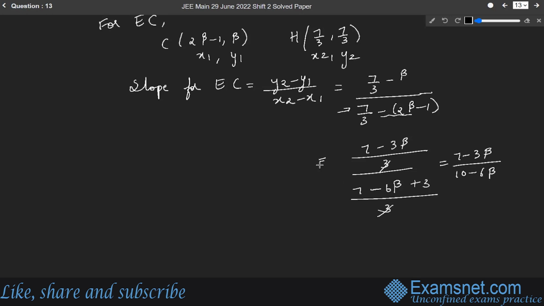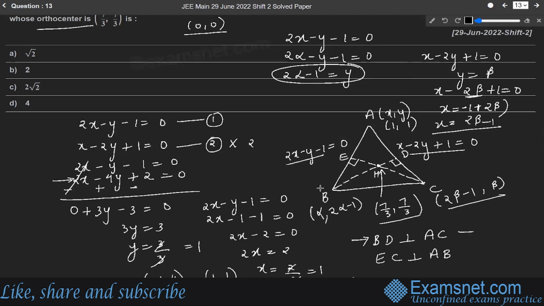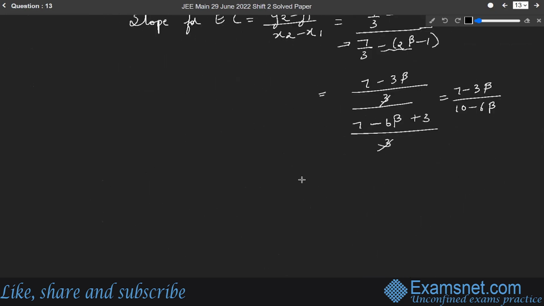As we know, we have to use the concept here. If BD is perpendicular to AC, it means that the product of their slopes will be equal to minus 1.